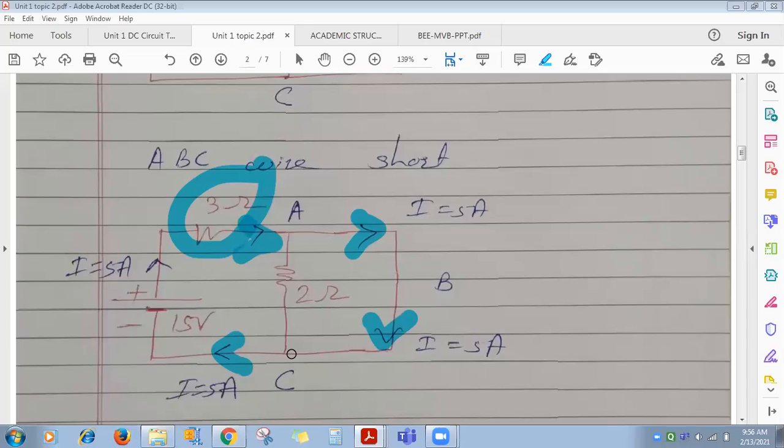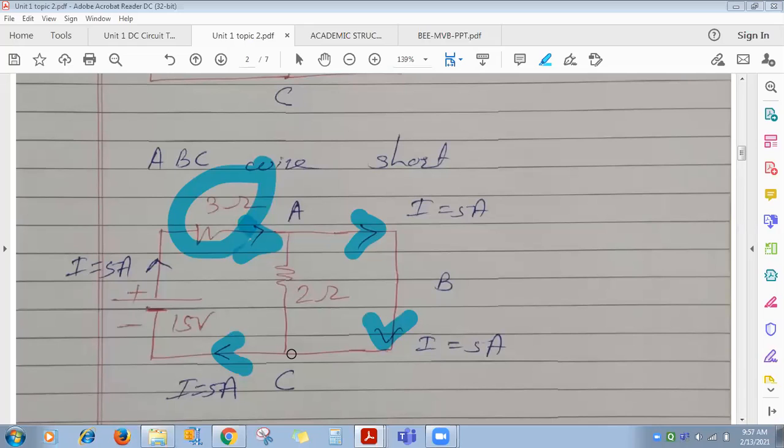If a redundant branch is in the circuit, you remove it or connect it, your answer will be the same. With the 2 ohm connected, the current is 5 ampere. Remove that branch, and you still get 5 ampere. So a redundant branch's presence or absence doesn't affect your calculations or circuit characteristics.